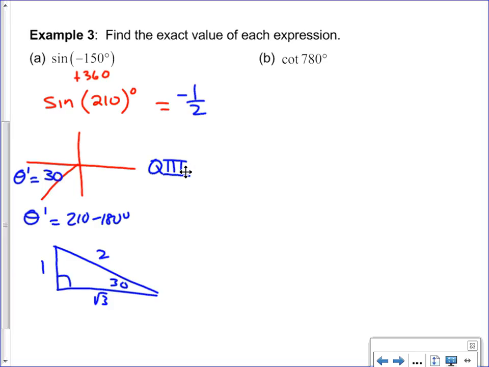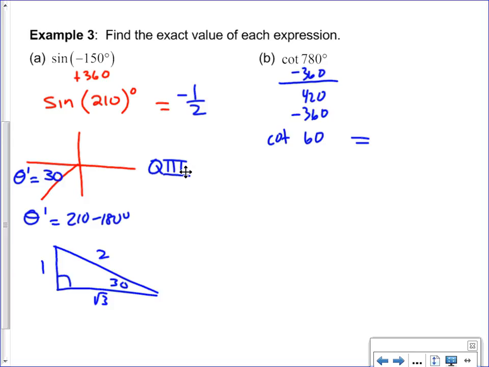All right. Cotangent of 780. What do we do? Take away 360. That gives you 420. Take it away again. Oh, that's easy. Is it really 60? Oh, I can use that same triangle. 60 is in quadrant 1, so we don't have to worry about what the sign is.